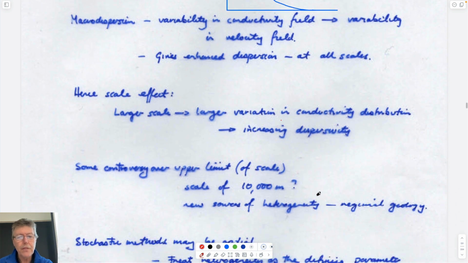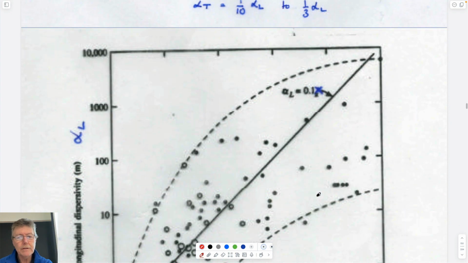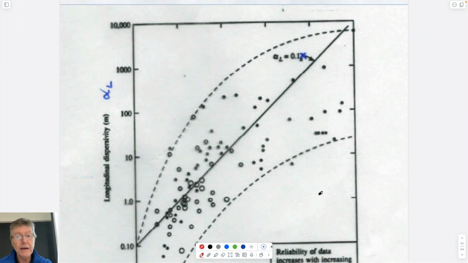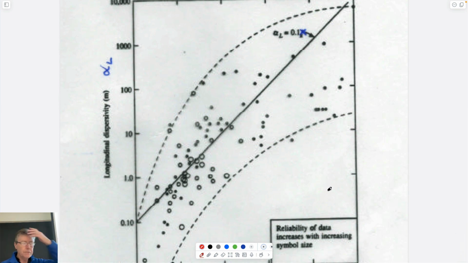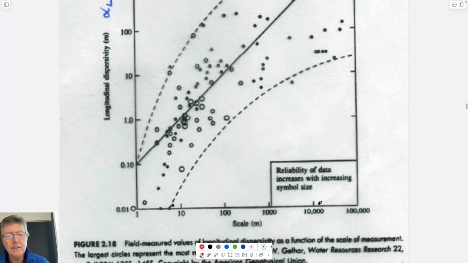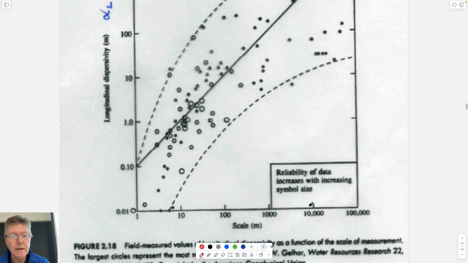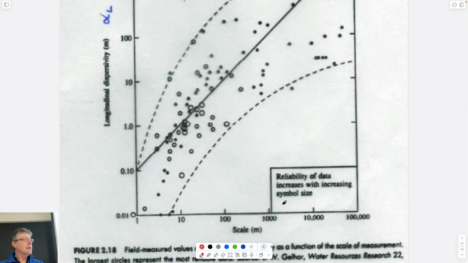It turns out that if you look at taking a whole bunch of these, if you did this experiment at lots of different sites around the world, as someone did, Lynn Gelhar in this particular case, measuring for plumes of different sizes, the length of the plume is the scale, 10 meters long, 100 meters long, kilometer, 10 kilometers, and back calculating from what that plume looks like at its fringes ahead and behind it and in its width, I guess longitudinally in this particular case, and you plot what you calculate for this value of longitudinal dispersion.